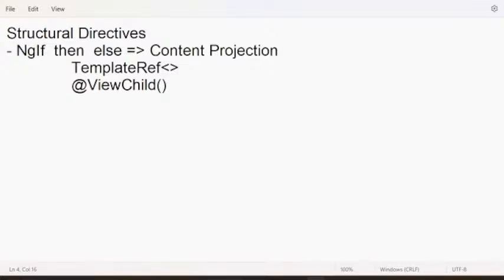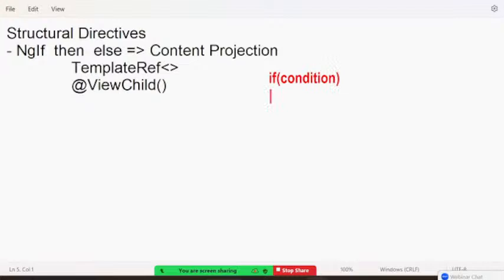But ng if is lengthy, complex. Why is it complex? Because you already learned in your programming, when you learned programming, you know that suppose I am writing an if condition, and in that we define another condition, else if.